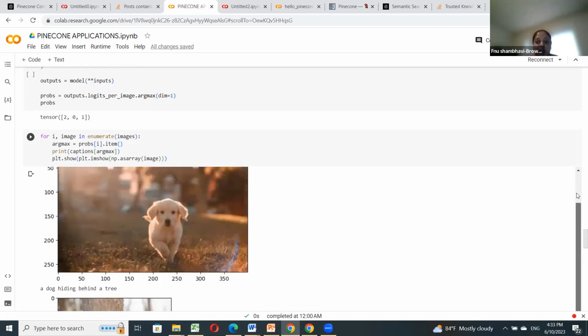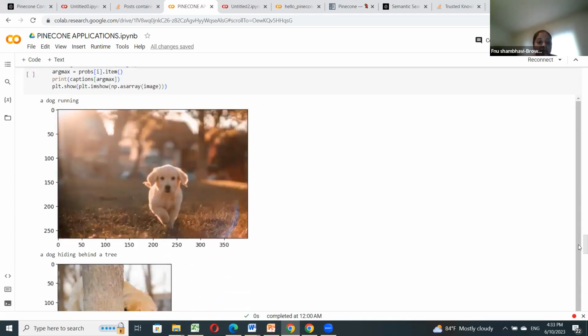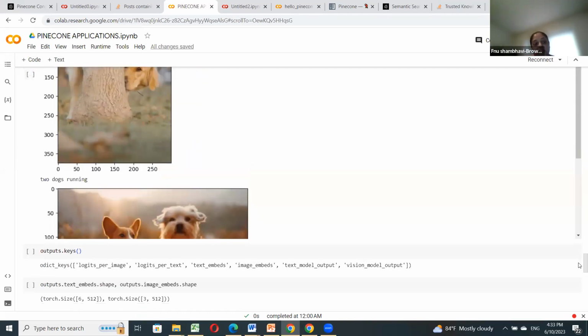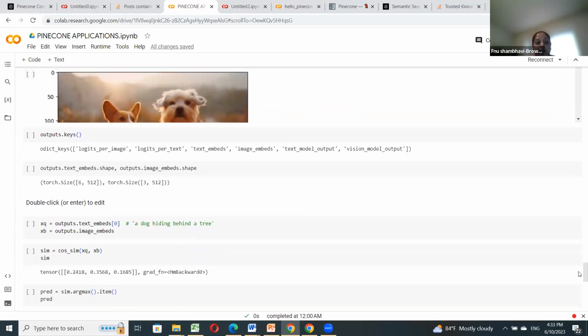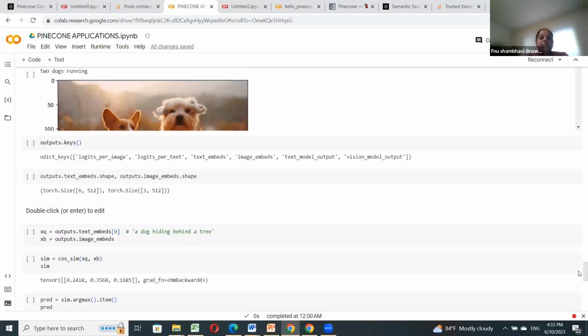So just to confirm, the model was very accurate in terms of image-text embedding. And here also, for 6 captions it's making 6 vectors with 512 dimensions, and for 3 images it's making 3 vectors with 512 dimensions.